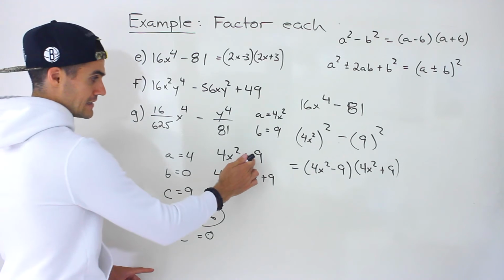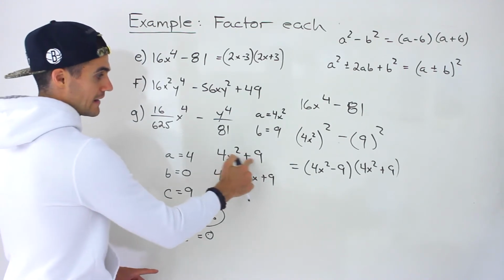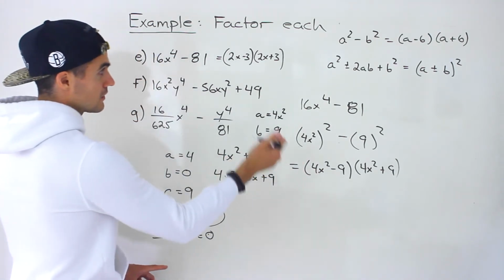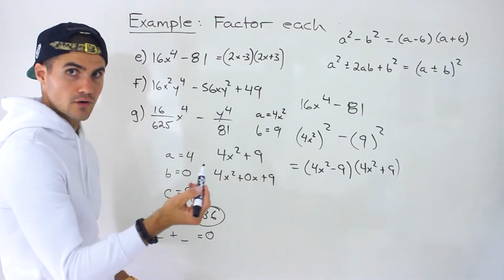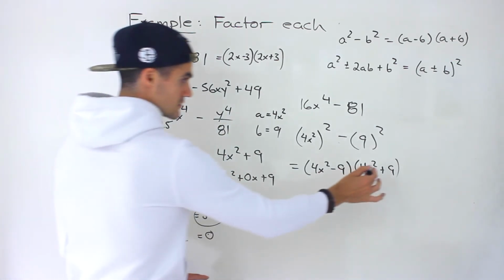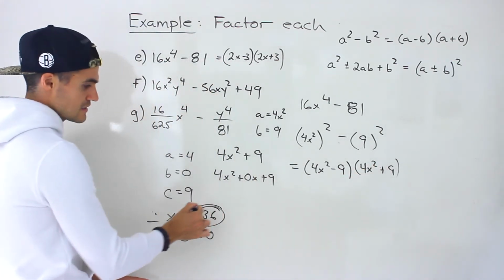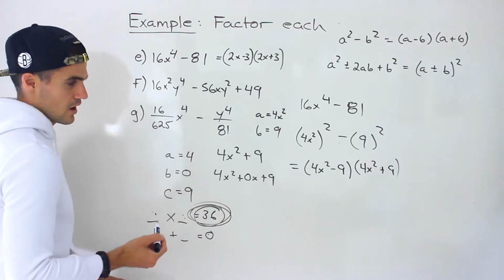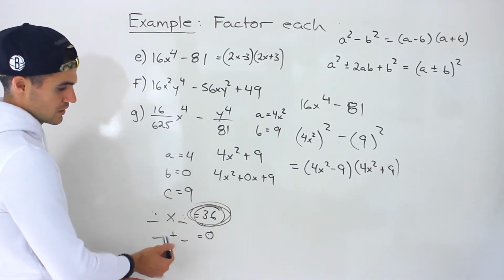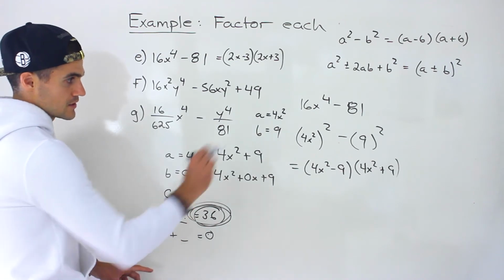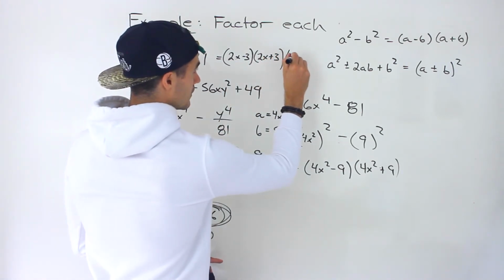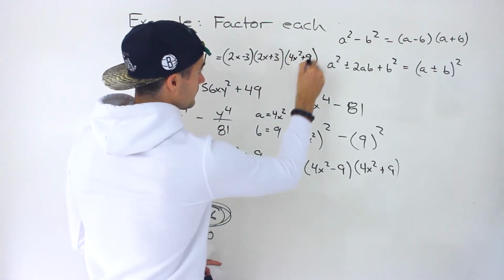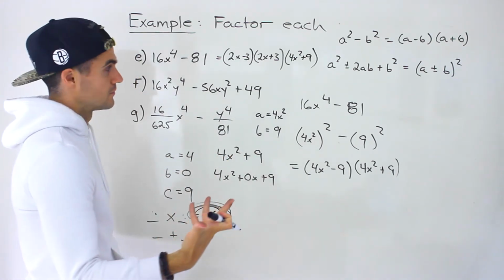Right? If this was minus 36 or minus 9, as we showed already here, then it factors further as a difference of squares. But because there's this plus here, this AC value is positive, it's not going to work out. There's no 2 numbers that are going to satisfy that. So that 4x squared plus 9, it actually doesn't factor further.